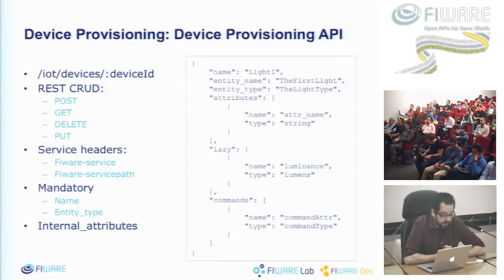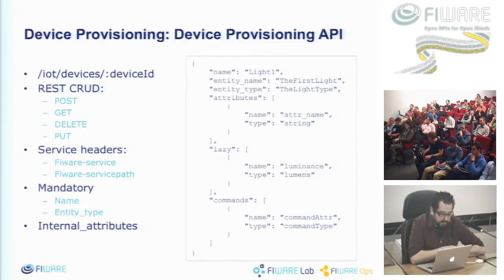The name of the device is the device ID. The entity name is the name that will be used for the entity that will represent the device in the context broker, and the entity type, the type of that entity. Just the name and the entity type are mandatory parameters that are completely needed to identify the device, and then to write the correct information in the context broker.